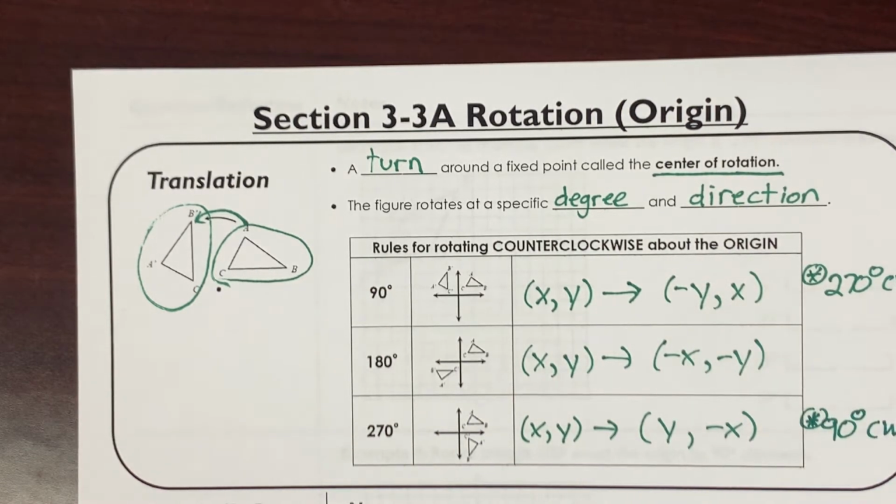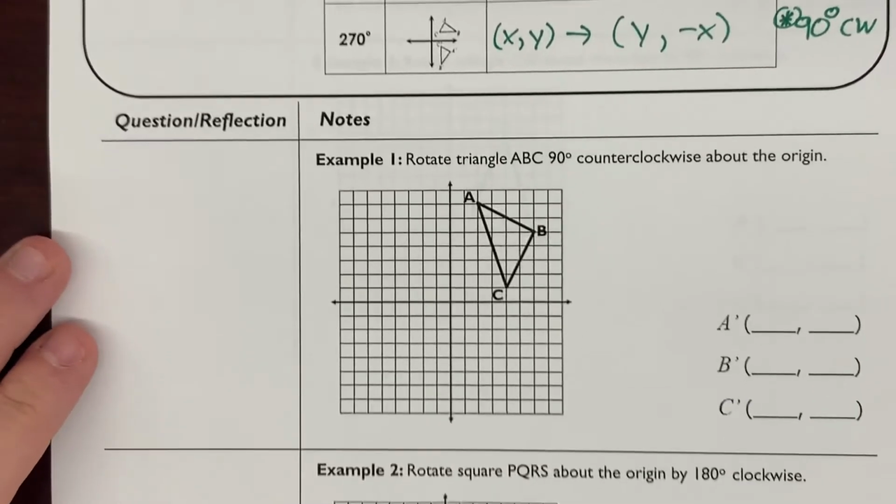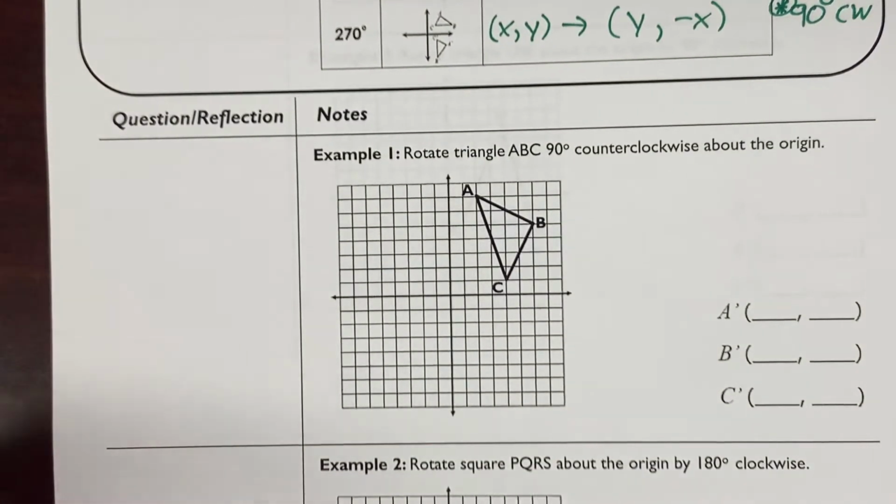So no matter which direction you're given, clockwise or counterclockwise, the rules behave the same. As far as problems go, ultimately the basic plan is to look at what are the points given in the figure, apply the transformation rule, and give your new answer.